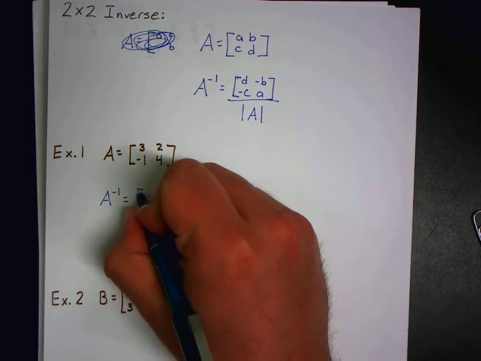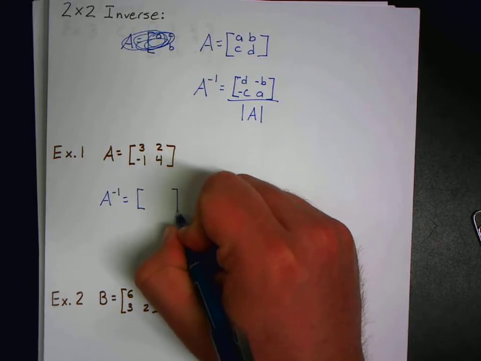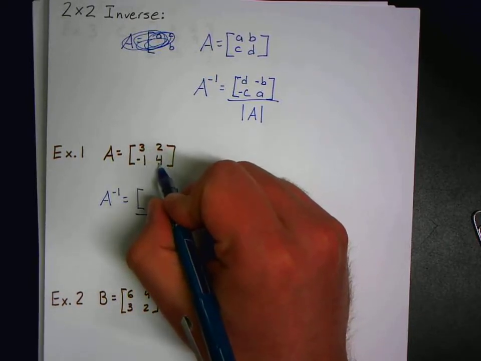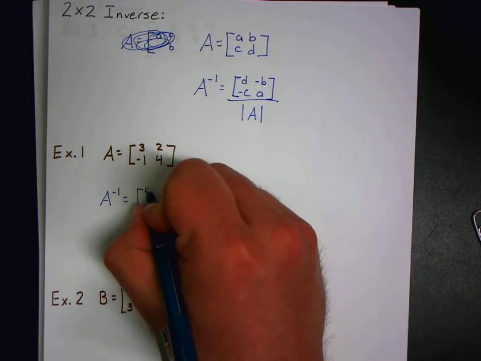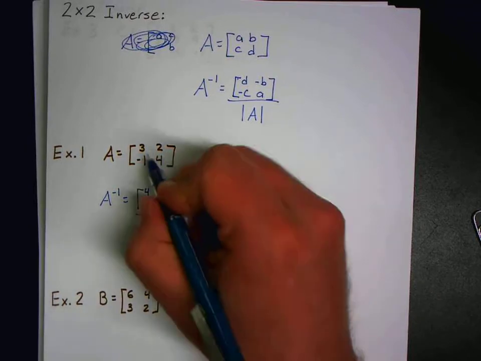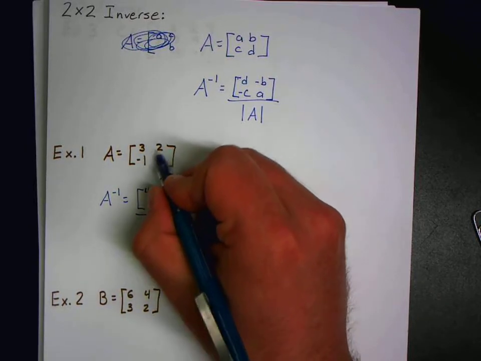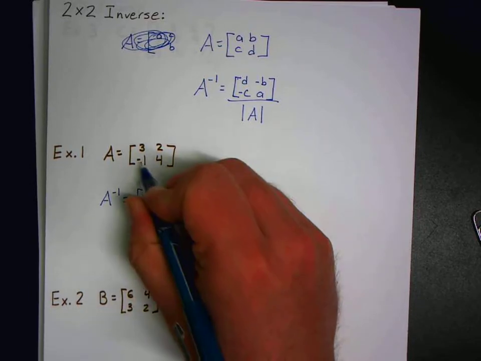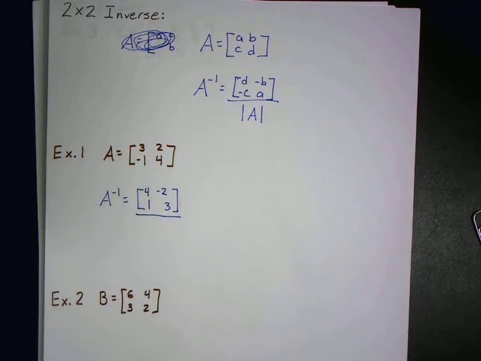So if I find the inverse of this matrix, what I want to do is take the 3 and 4 and they switch places. So now I have 4, 3. I change the sign of each of these numbers. So the 2 now becomes a negative 2. The negative 1 now becomes a positive 1.